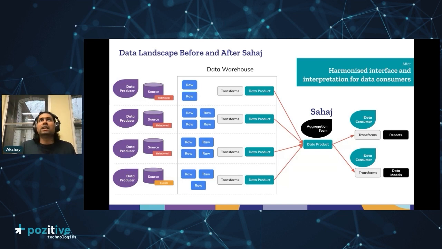The way we did that is we worked with the consumers to understand their use cases, and once we understood that, we went back to the producers, collaborated with them, and built this aggregate data product, which the consumers could start using. So this is a very high level view of what we've done as a consulting business going in.